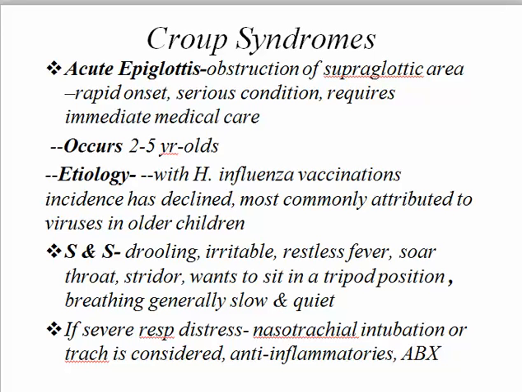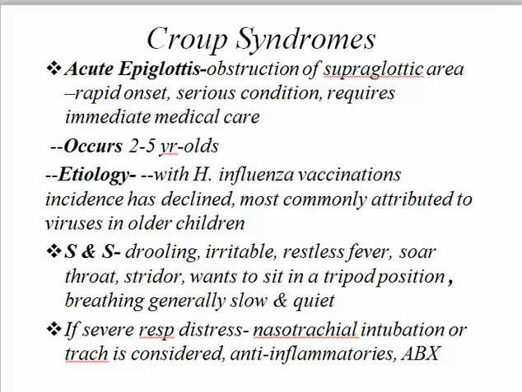Generally the breathing is slow and quiet, and that usually facilitates better gas exchange. So you want to leave them in that position and make sure the environment is quiet.